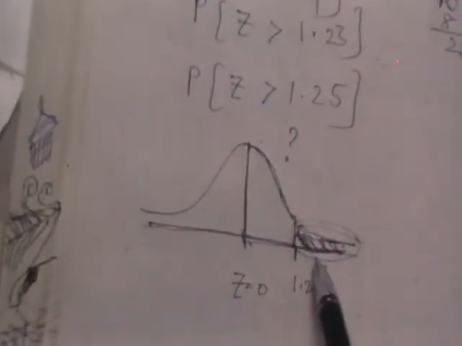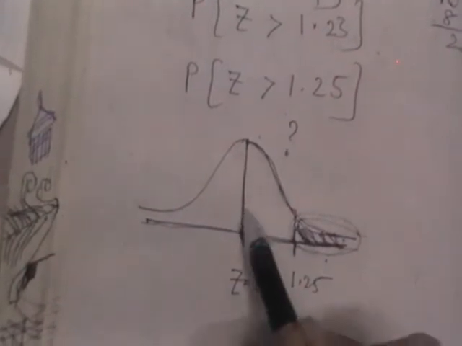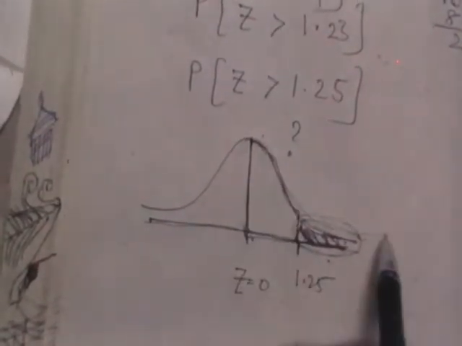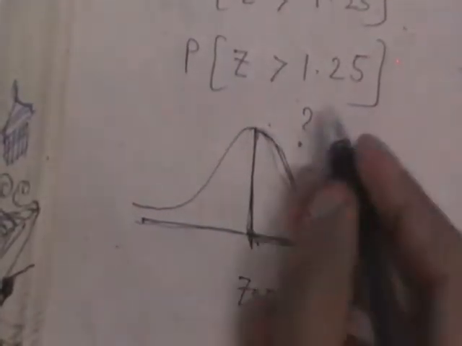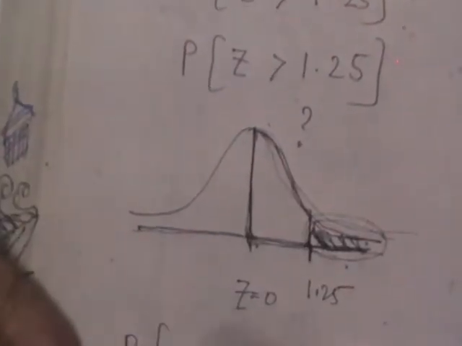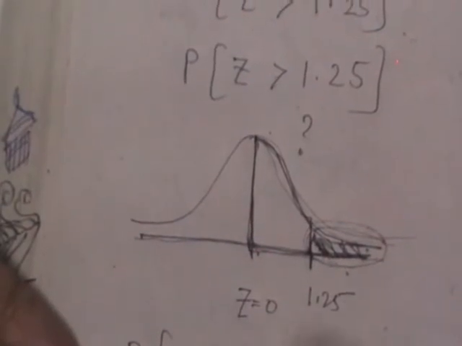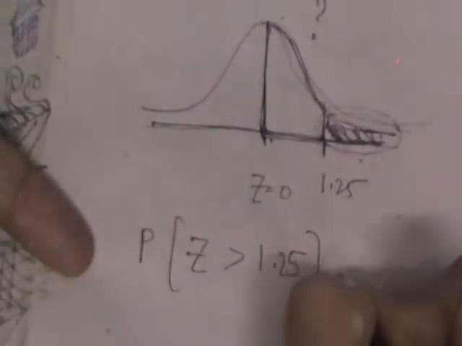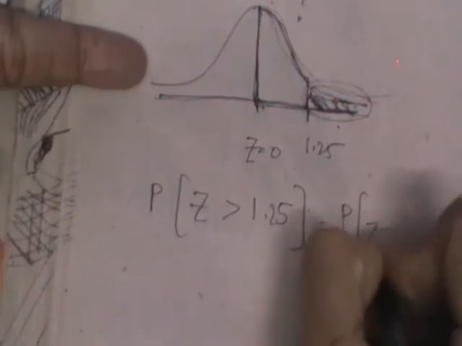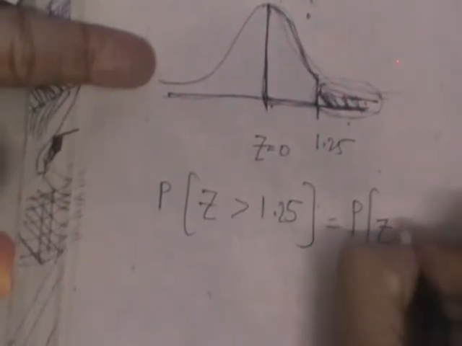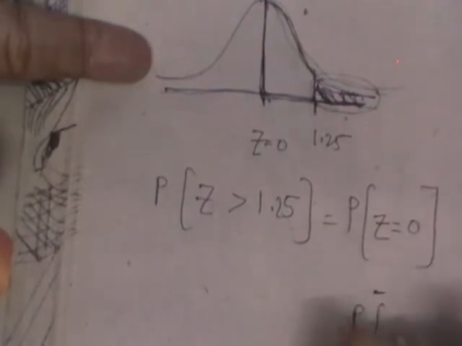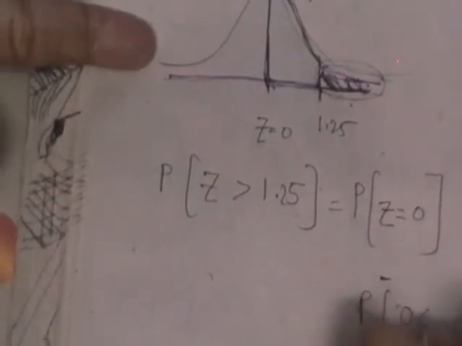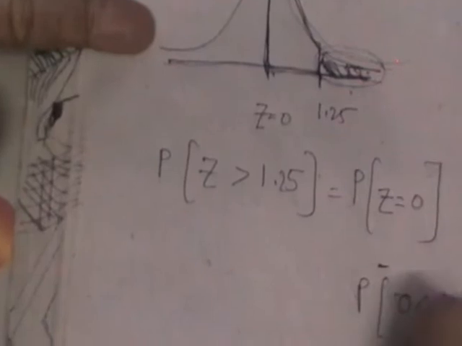To calculate this value, from the entire right tail, subtract this part so that you will get the required one. Probability of Z greater than 1.25 can be calculated as probability of Z greater than 0 minus probability of 0 less than Z less than 1.25.